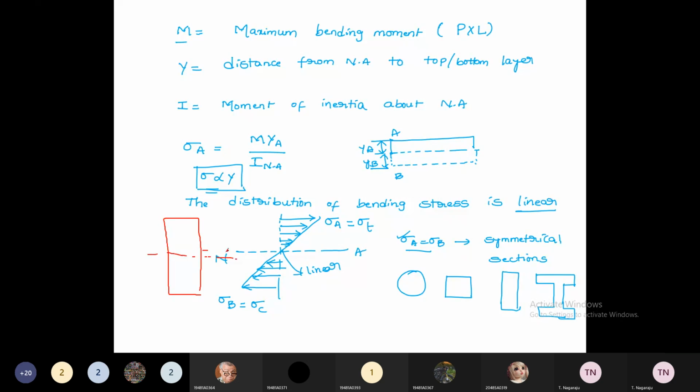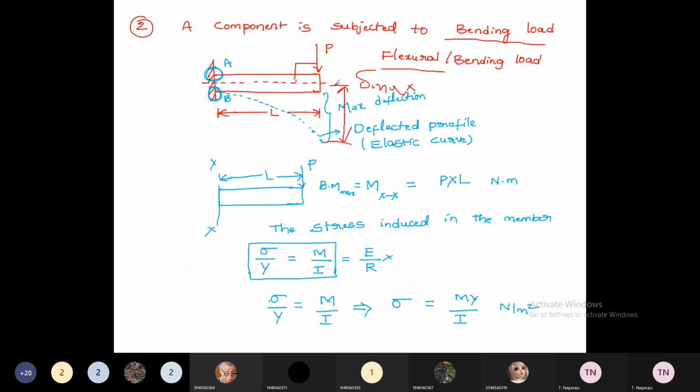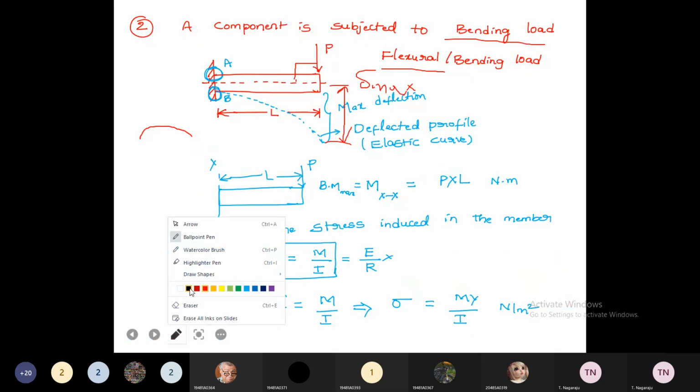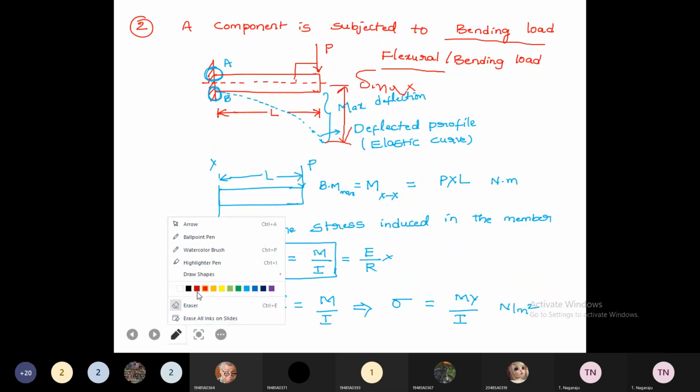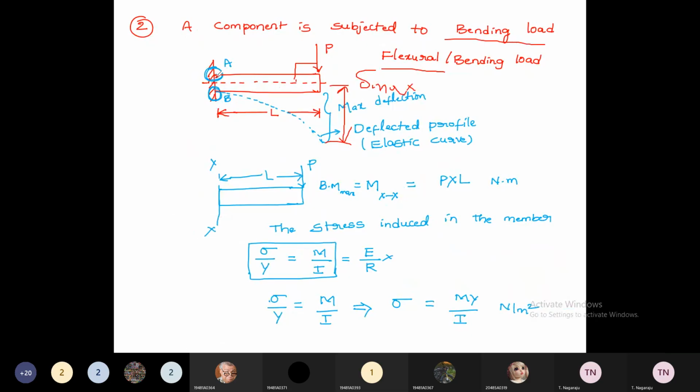If you take the neutral axis, based on the load direction, due to the application of the load your beam is bending like this.